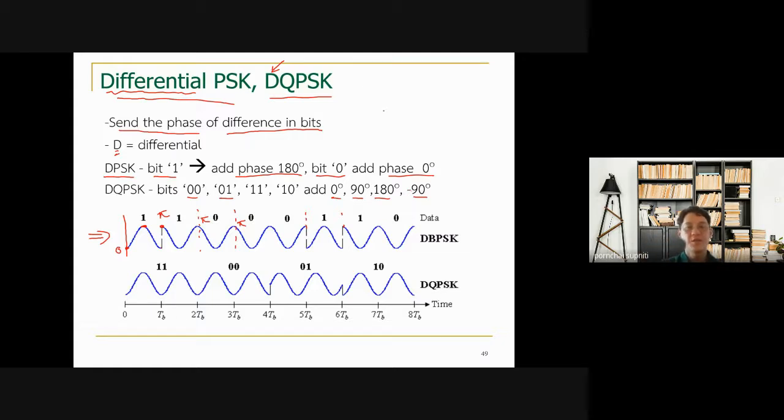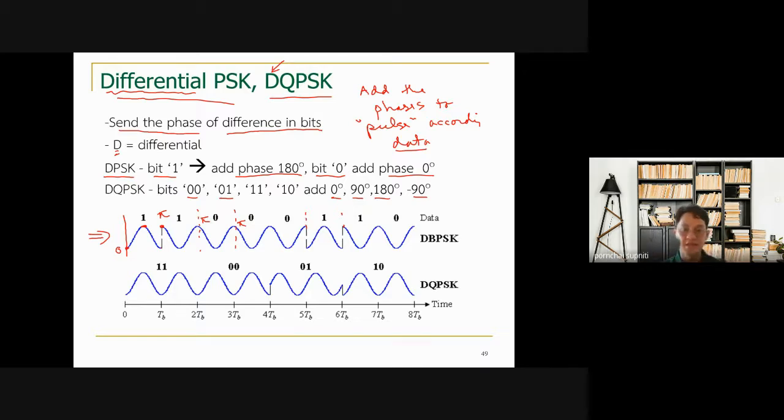Okay, so basically we add the phases to the pulses according to data.